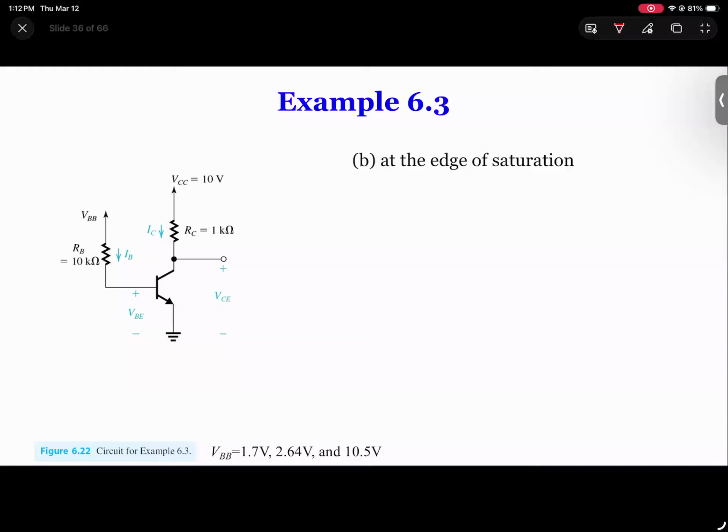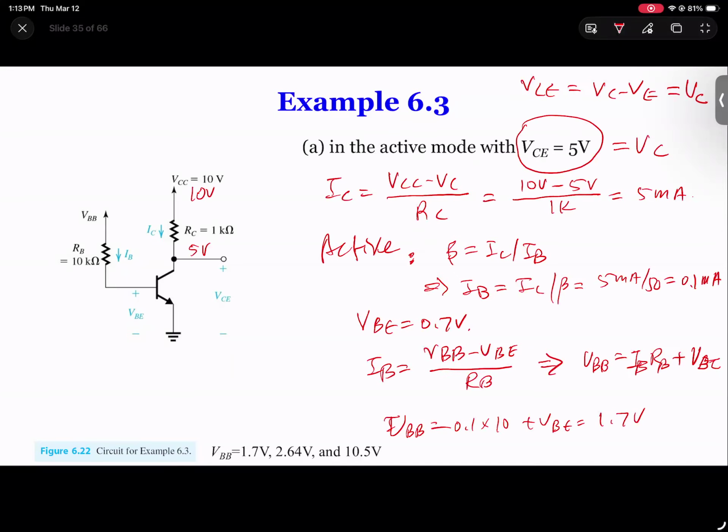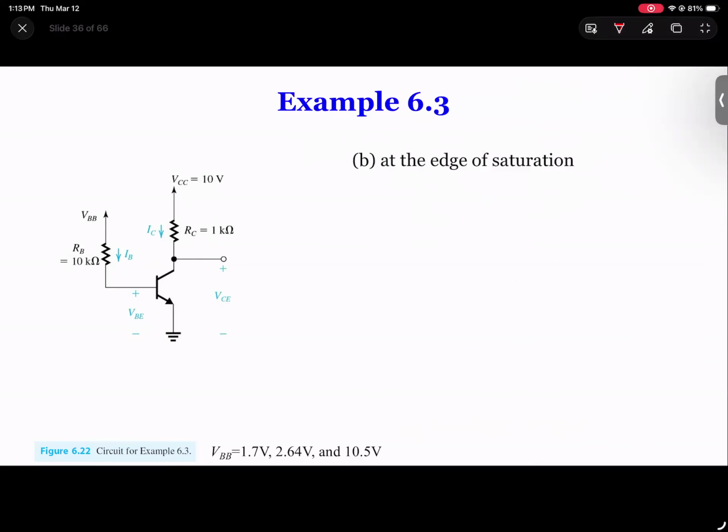So we solved the very first one. The next question is to find VBB at the edge of saturation. When it says at the edge of saturation, what it means is that VCE equals 0.3 volts. So now you can simulate exactly the same procedure we did.